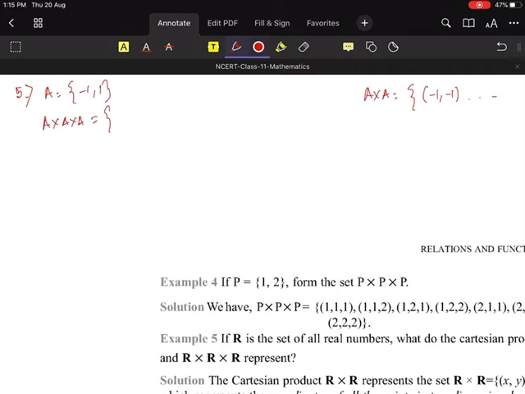So here we cannot form ordered pairs, here we will form ordered triplets. So it will be (-1, -1, -1), then (-1, -1, 1). So how many elements will be there? 2 into 2 into 2, that will be 8 elements.